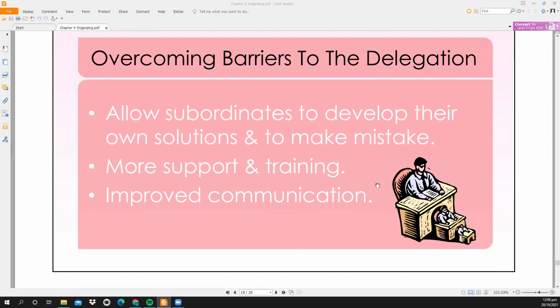Overcoming barriers to delegation. So allow subordinates to develop their own solutions and to make mistakes.